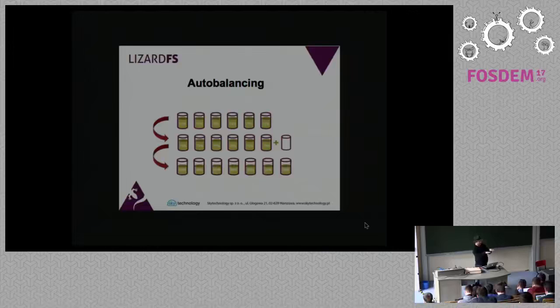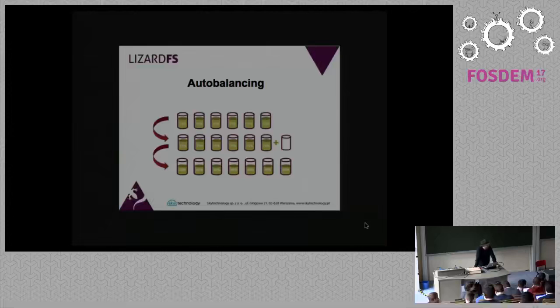The point is it will try to have the same amount of data on the amount of drives and chunk servers that you have. Unless you use labels, it does not stick to certain chunk servers. So you can set a policy of 3, have 20 chunk servers, it will always keep 3 copies, but it will not tell you where. So it will distribute and auto-balance the data so that all your chunk servers are utilized in the same way.